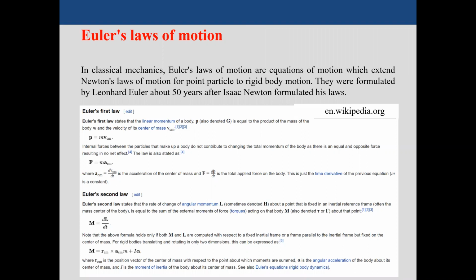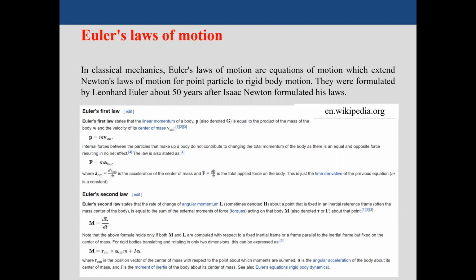Now, Euler's first law states that the linear momentum of a body is equal to the product of the mass of the body and the velocity of the center of mass. So internal forces between the particles that make up a body do not contribute to changing the total momentum of the body, as there is an equal and opposite force resulting in no net effect. This law is stated as this.